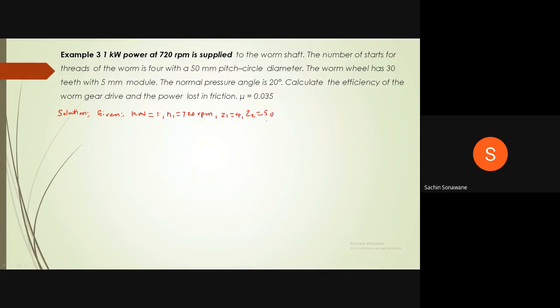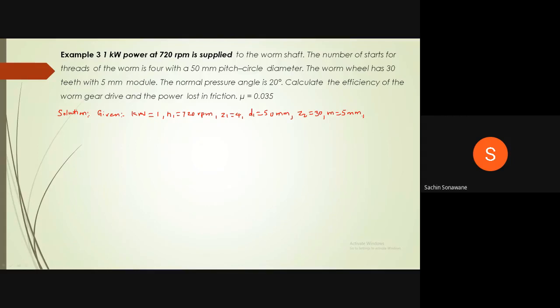Sorry, this is D1. D1 is equal to 50. Then the worm wheel has 30 teeth, that is Z2, 30 with 5 module.